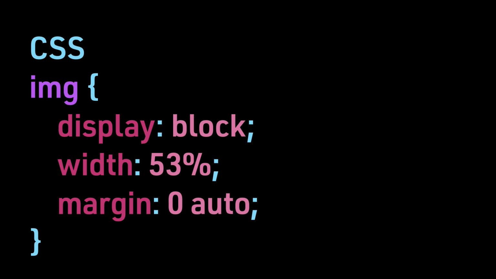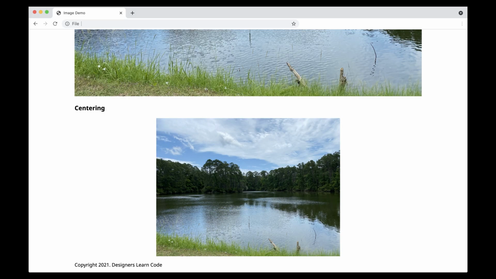We will set the width to 53%, which is approximately the same as our fixed width of 600 pixels. Also, we really don't need to explicitly state the height, as the default is that the browser will assume you want the displayed height to be proportional to your set width. Finally, we need to set the margin left to auto and the margin right to auto. You can either set these separately or use the shorthand. This is the result.